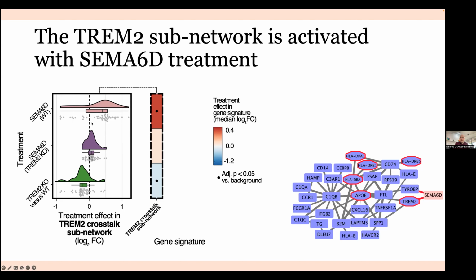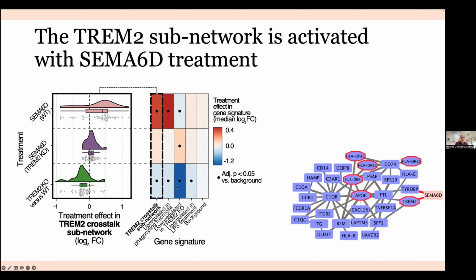You can see that SEMA6D treatment on the wild type activates this TREM2 network, and these effects are mitigated when you're on the TREM2 knockout background. And on the right, I have the heat map version of this plot, where I'm just showing the median effect size for each of these comparisons.